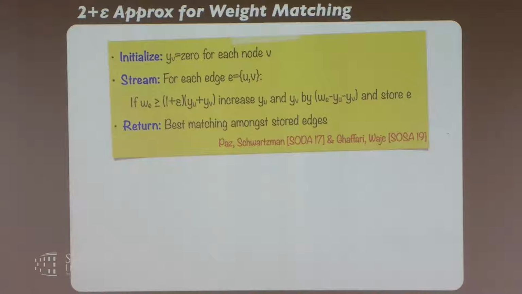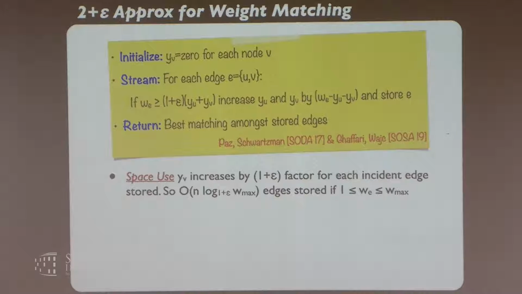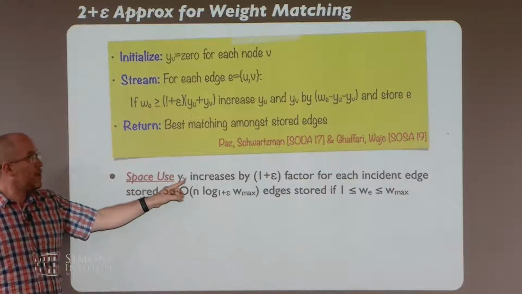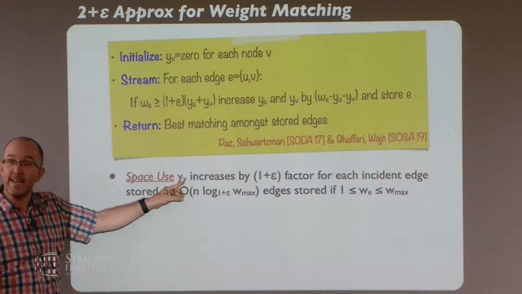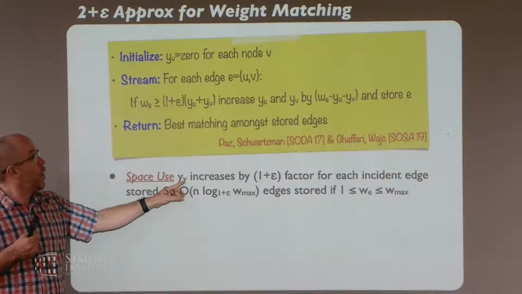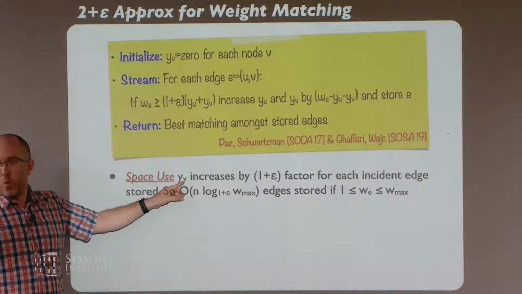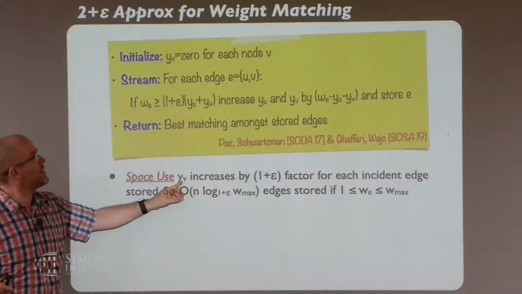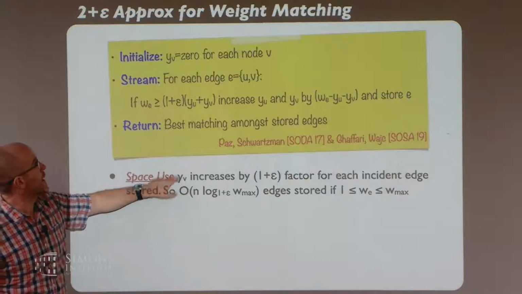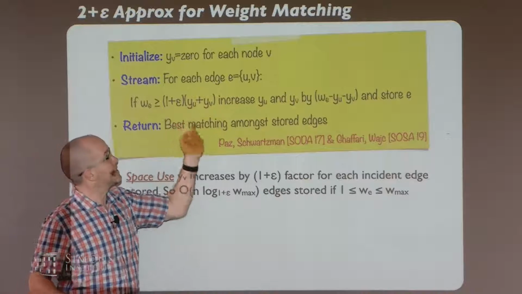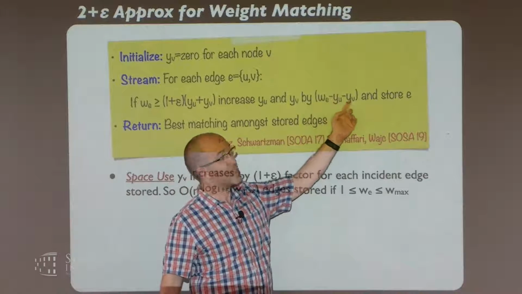So let me give a brief idea of why this algorithm has the properties it does. So it's certainly one pass. How much space does it use? Well, if you think about it, for every node v, you can argue every time you store an edge incident to v, yv is going to increase by a factor of 1 plus epsilon. I won't go through it, but this is just a function of plugging in the fact that w is bigger than this, and that you're going to increment yv by this amount.